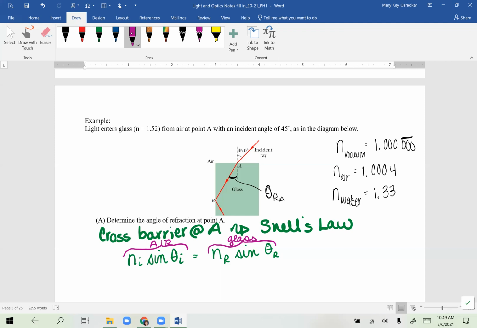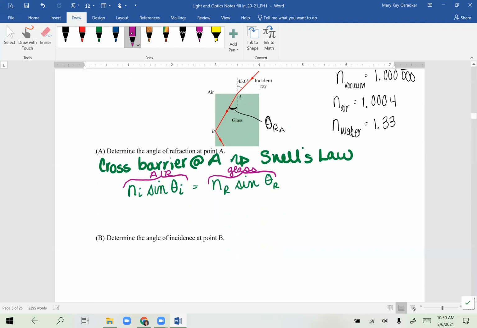So N for air is 1.0. Do you guys want me to do it generically or with numbers? I heard generic, so let me do it generically on this one.